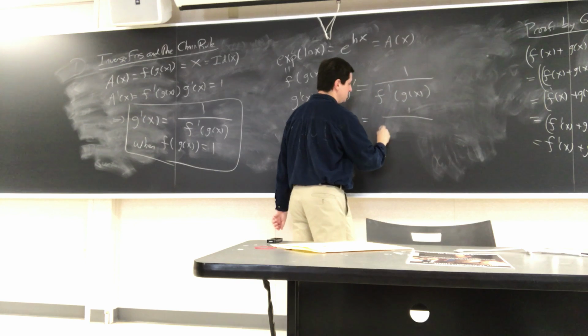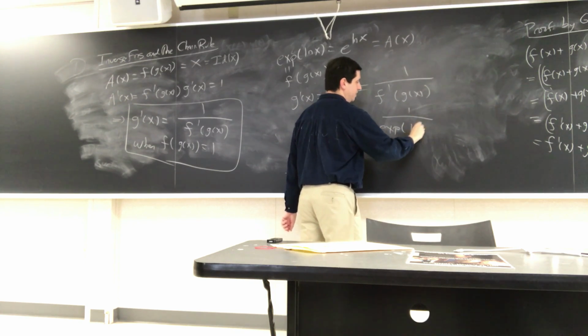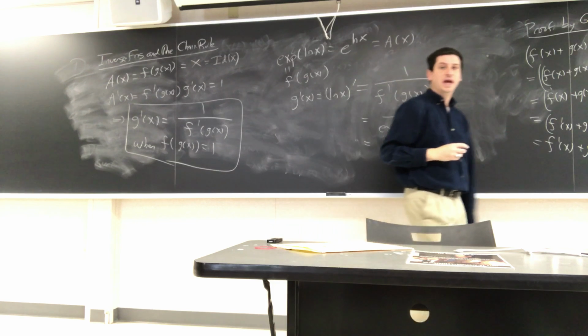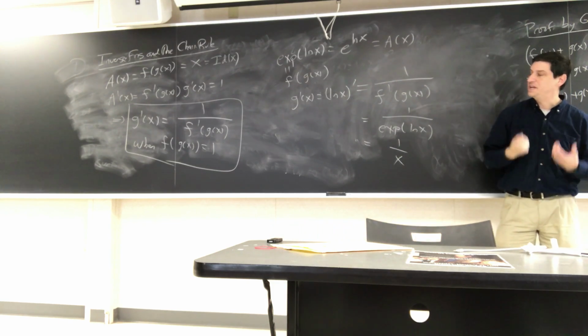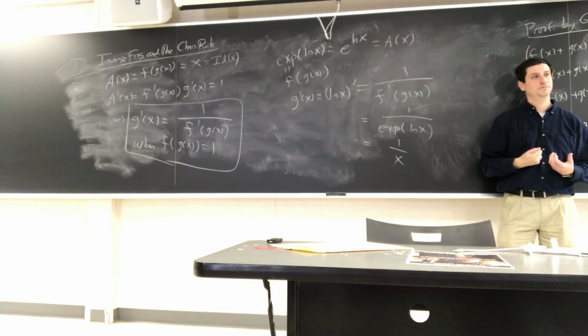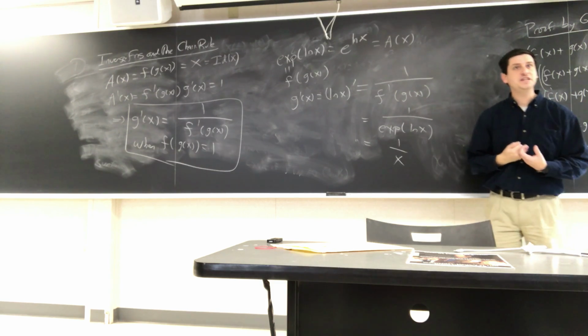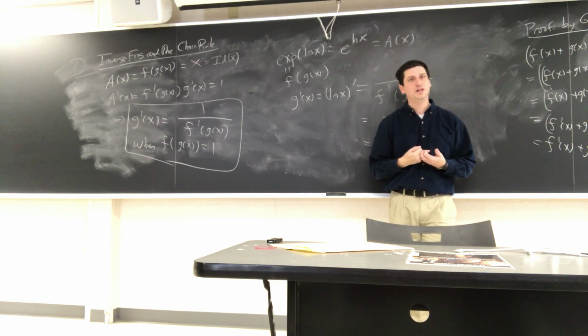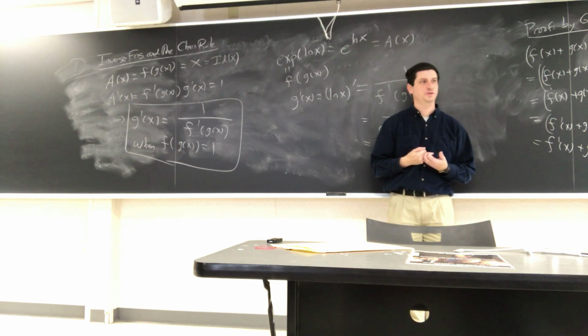So I just get the exponential function at g of x, which is the natural log of x, which is just 1 over x. And so this is the proof that the derivative of the natural log is 1 over x. If you wanted to take the derivative in a base other than e, you can do this, but then you have to remember there's a log b that floats around.